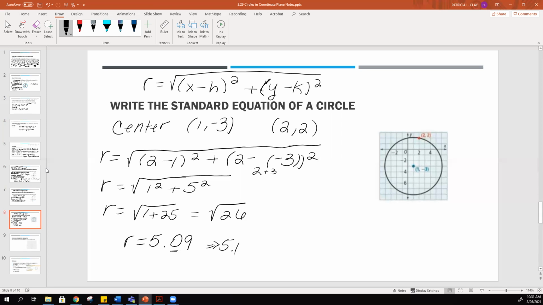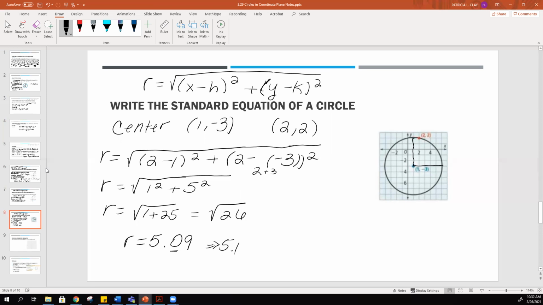Okay? But I also want to show you another method, and we worked on this last time in some of our graphing. We could have solved for the radius by counting also. So if we look, this is on an exact grid line. And so we could come over this way, or we could come straight up this way to the edge of our circle, right? And we would see we go straight out.